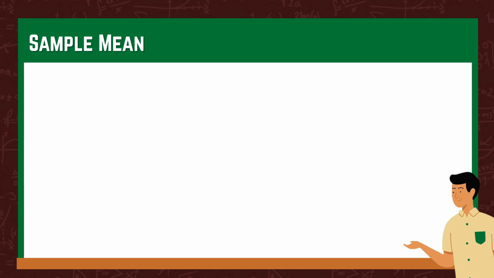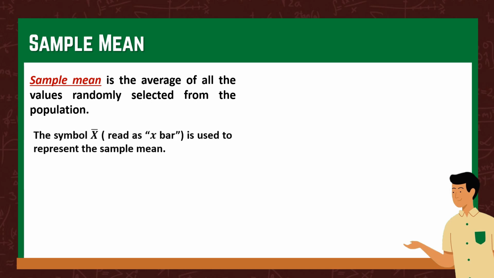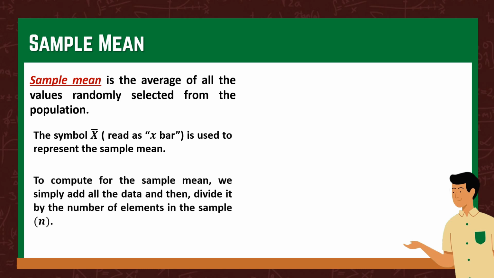Now let's move to the sample mean. Sample mean is the average of all values randomly selected from the population. The symbol read as X bar is used to represent the sample mean. To compute for the sample mean, we simply add all the data and then divide it by the number of elements in the sample, denoted by small letter n.